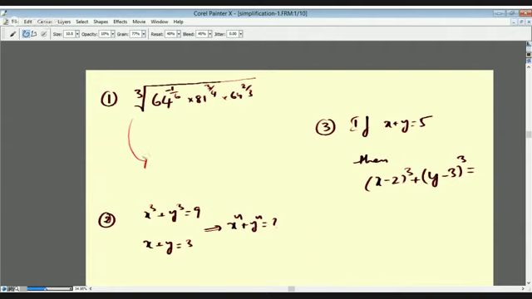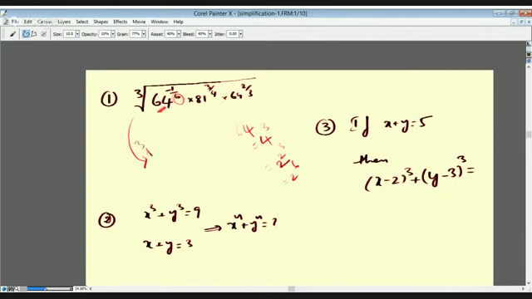Friends, whenever something is given in the power in the denominator, we try to write the given number 64 as something power 6. How can we write 64? 64 we can write as 4 cube, so you can write it as 2 square whole cube, so it will become 2 power 6 directly.